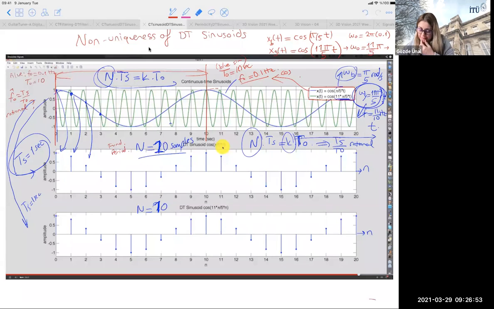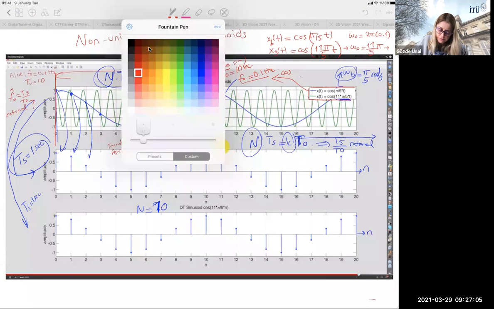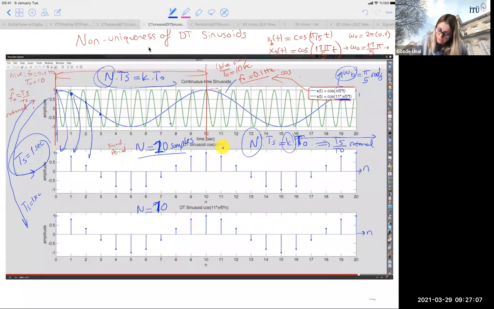Anyways, guys, let's clean and rewrite it. The blue one was pi over 5 radians per second. The green one is 11 pi over 5 radians per second. From here, F0 would be just divided by 2 pi, then it would be really 11 over 10 hertz, right?